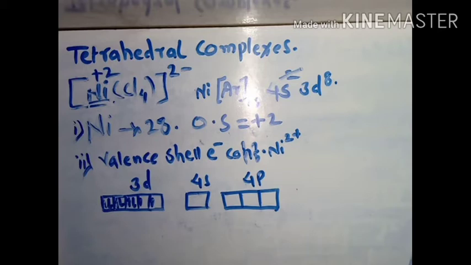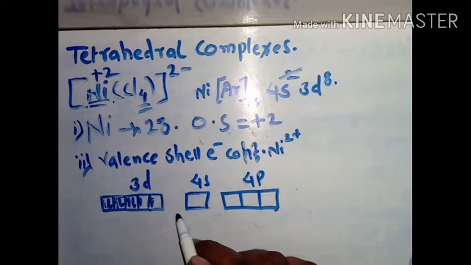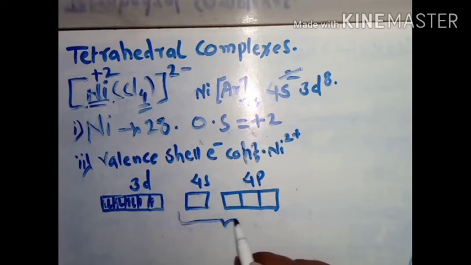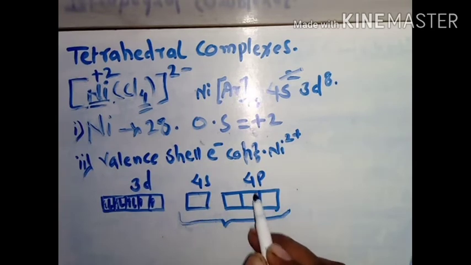Now we have to provide vacant orbitals for bonding with the ligands. There are 4 ligands, so we require 4 vacant orbitals: 1 from 4s and 3 from 4p.